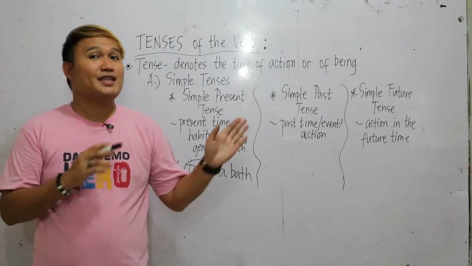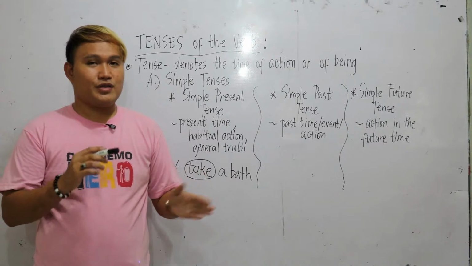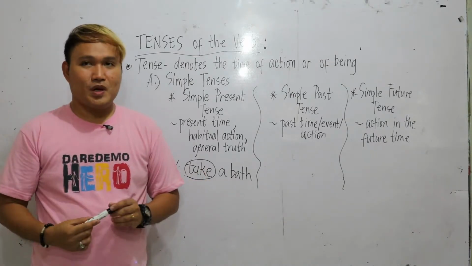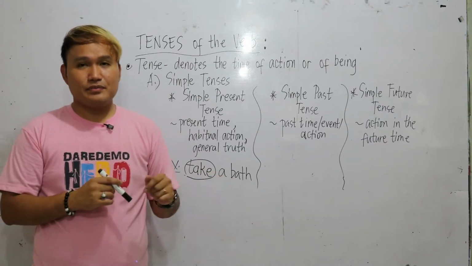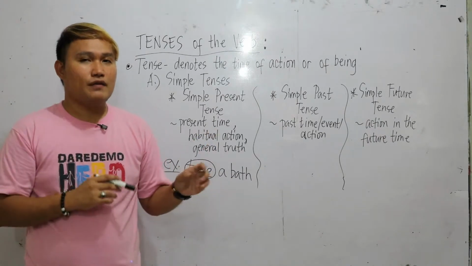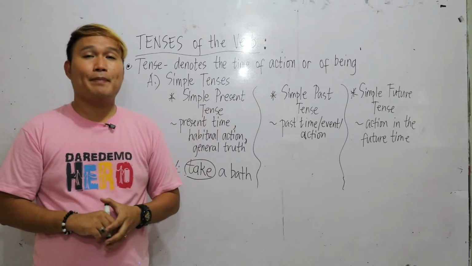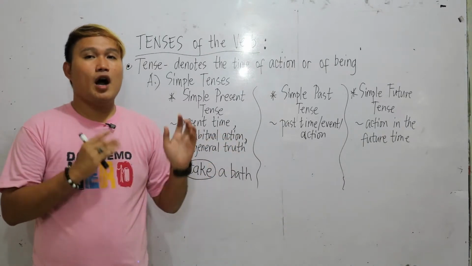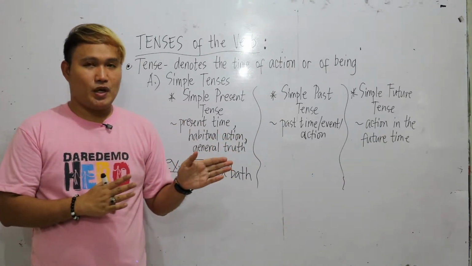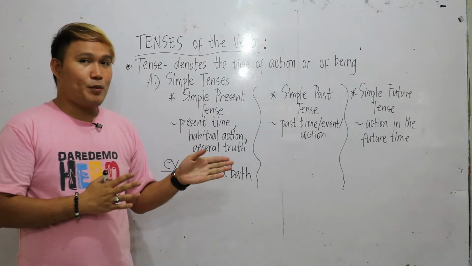So that's a general truth. The earth is rotating around the sun. So that's why we use the simple present tense of the verb. So always remember, for simple present, it is the base or the simple form of the verb.